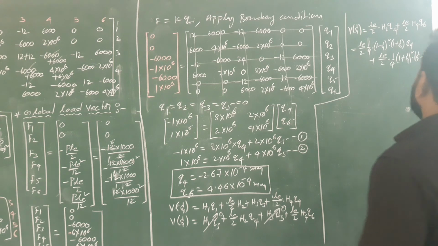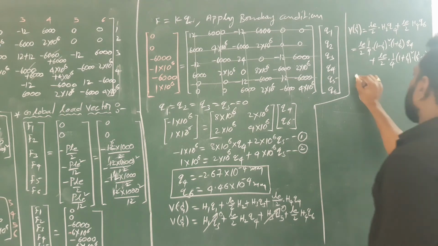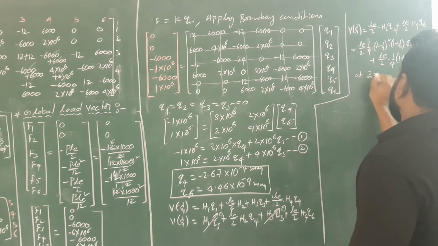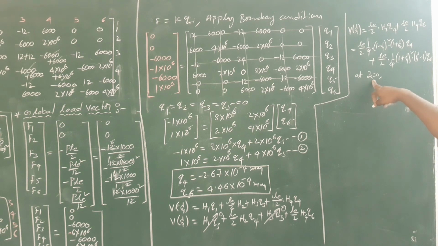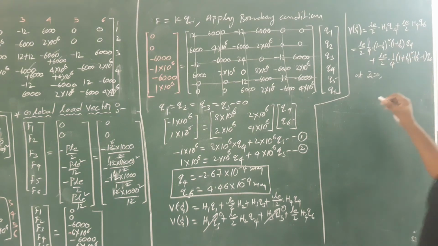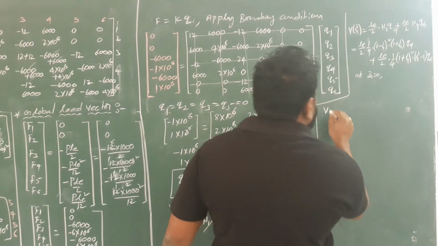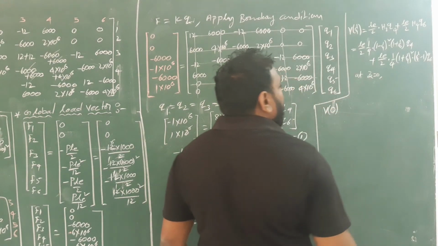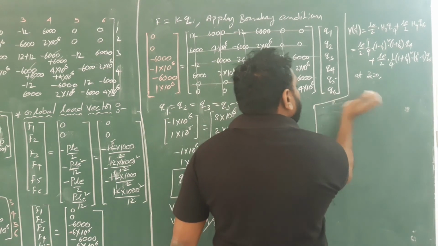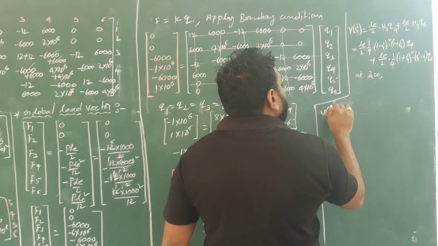This is the final equation. Maximum deflection occurs at J equal to 0, at the middle, so I am applying V of 0.